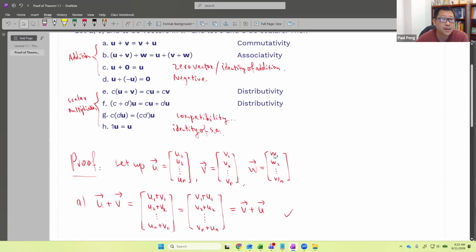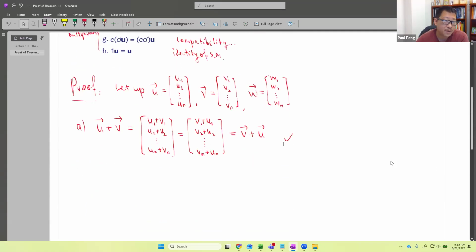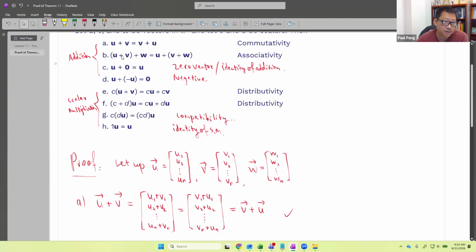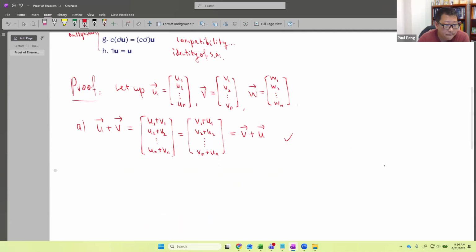The second, associative, is the same. With associativity of u plus v plus w, you can do this operation first, or you do the operation on the second first. Let's see. So we do u plus v first. After this, we plus w.